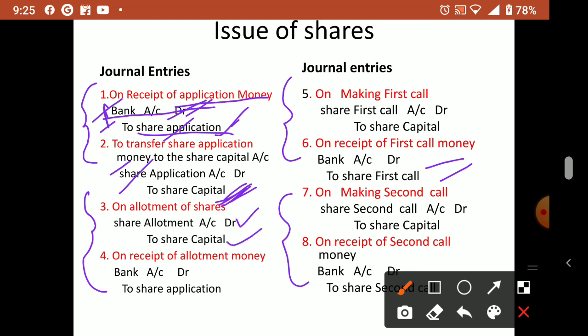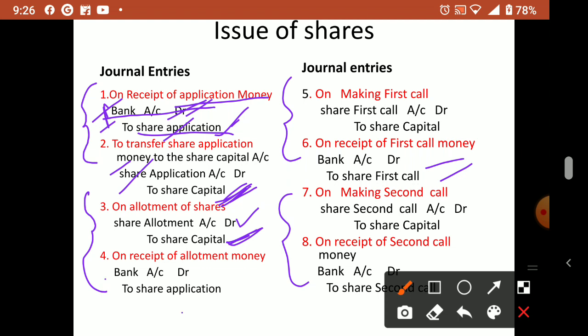That means the company first transfers the amount to the share capital account, and only afterwards will the company receive the money. Suppose today they are allotting shares to a particular shareholder, saying you are allotted say 500 shares. That shareholder will send the money afterwards only. So here bank will come in the second entry.